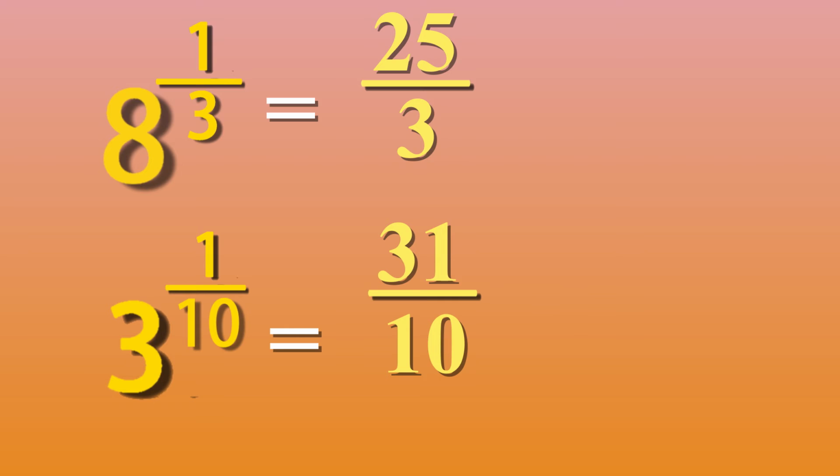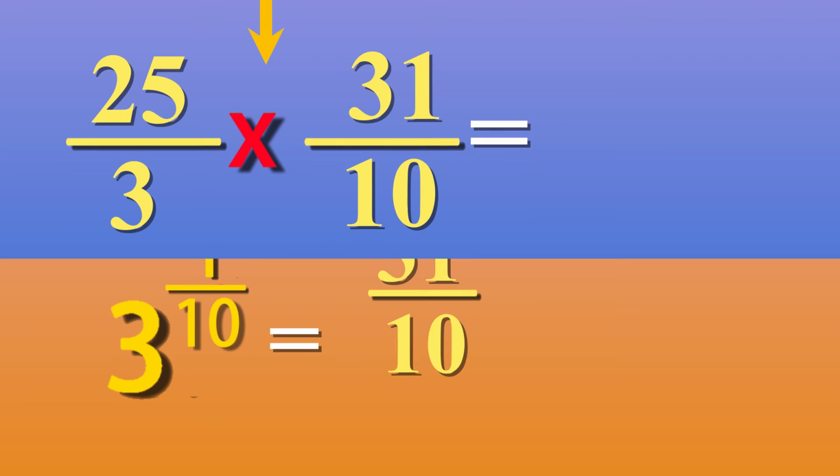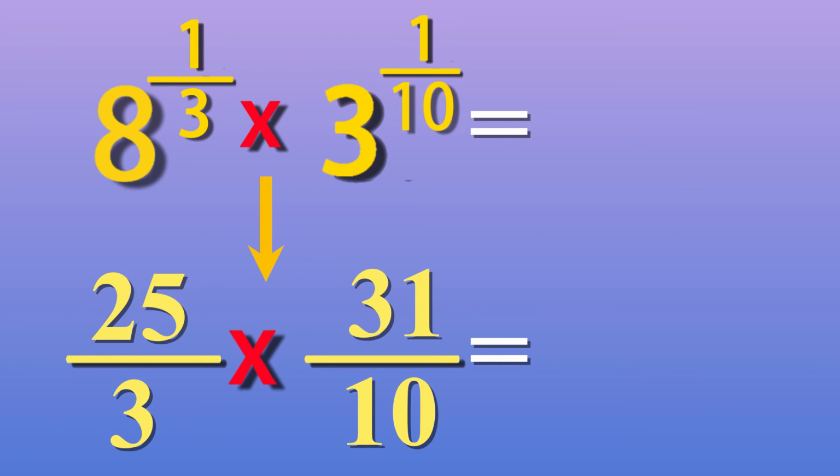So 8 1/3 equals 25 over 3, and 3 1/10 equals 31 over 10. Again, multiplying the left-hand side mixed numbers is the same as multiplying the right-hand side fractions. So 8 1/3 times 3 1/10 is the same as 25 over 3 times 31 over 10.